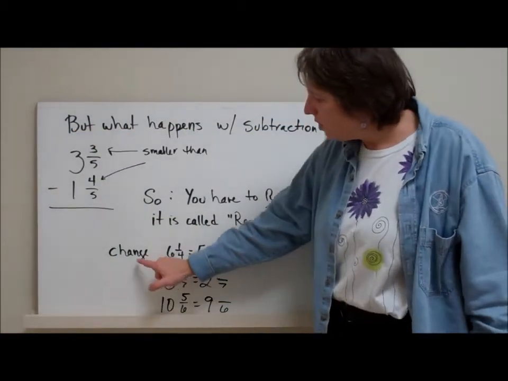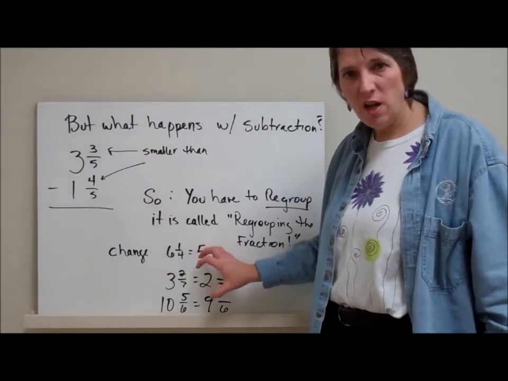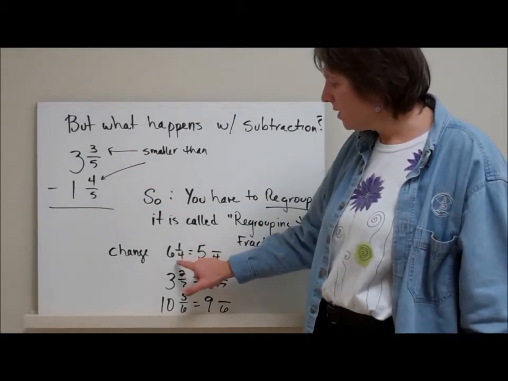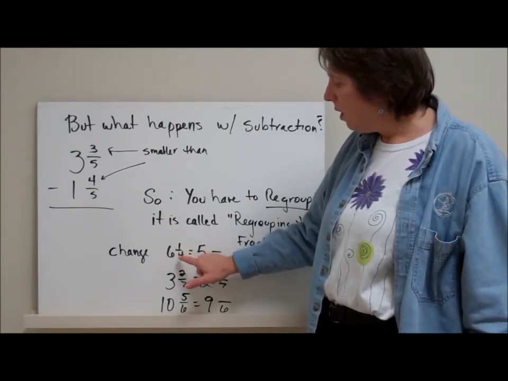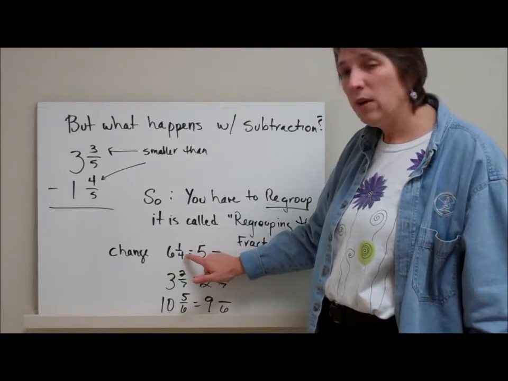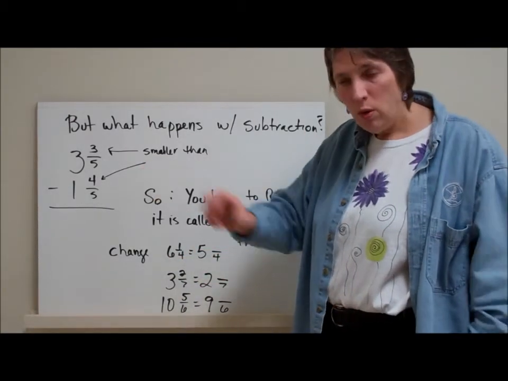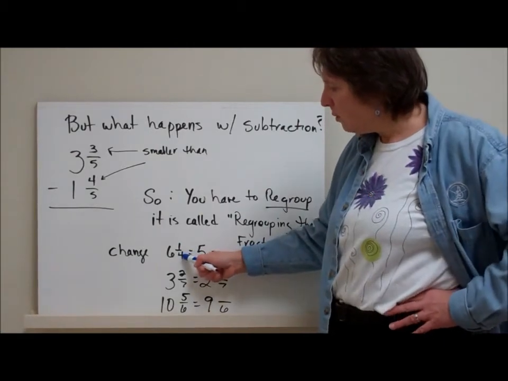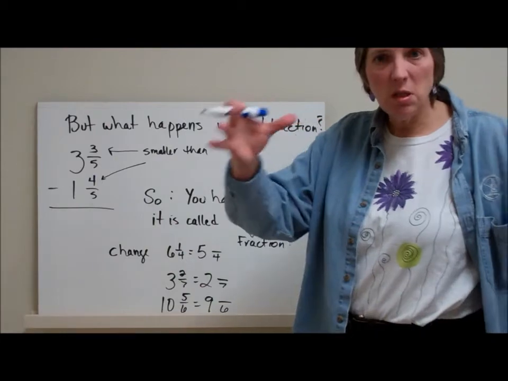So what you have to do is change 6 and 1/4. This is a sidebar here, so we're going to do some practice. If I have 6 and 1/4 and I need to borrow from the 6 to make this a bigger number, I borrow a whole. When I borrow that, because I'm talking about 4/4, think about 6 pizzas.